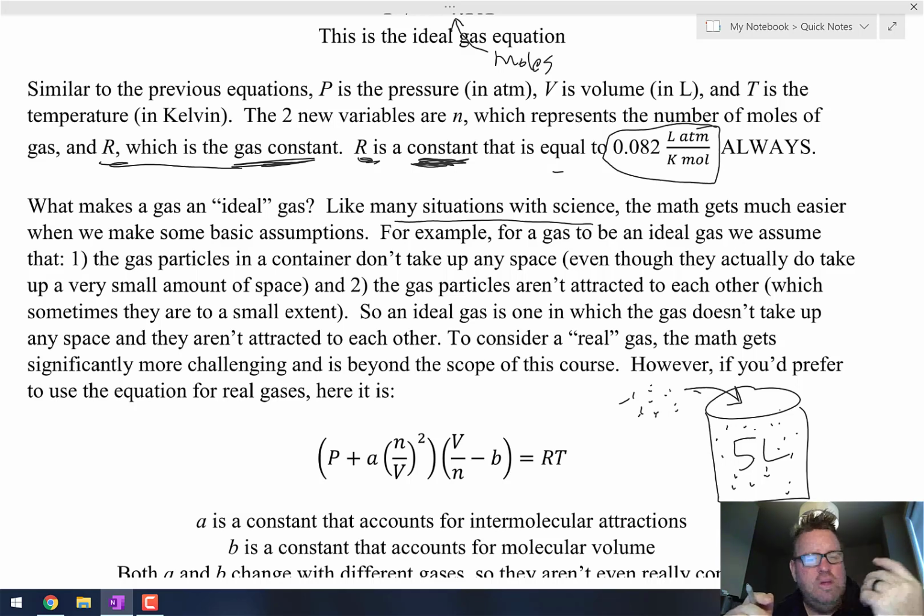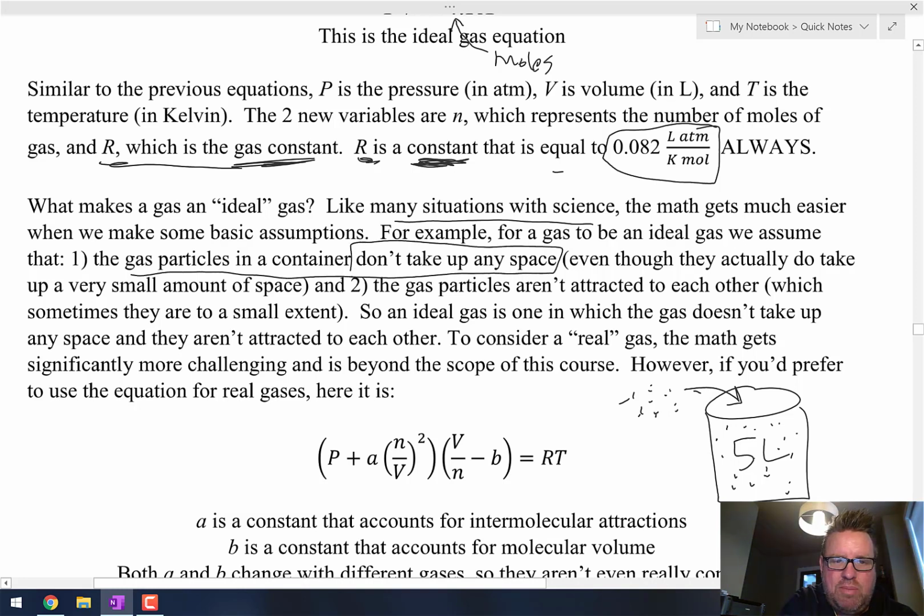So to be considered an ideal gas, there are 2 assumptions we have to make. One is that the gas particles don't take up any space, even though they actually do. And now that these particles are in here, when you put more and more of a gas into a container, like propane, it'll eventually turn to a liquid because the closer the gas particles are to each other, the more attracted they are to each other.